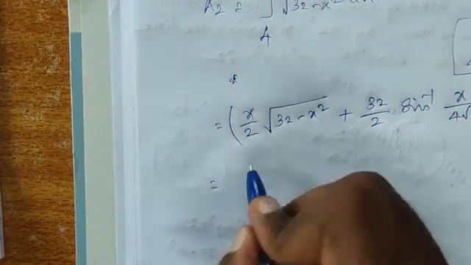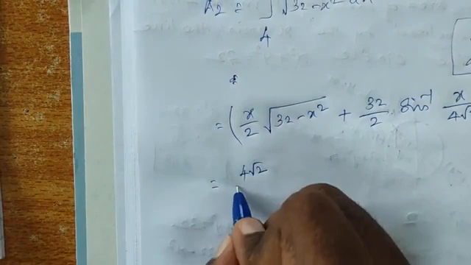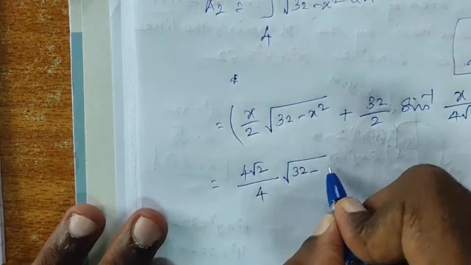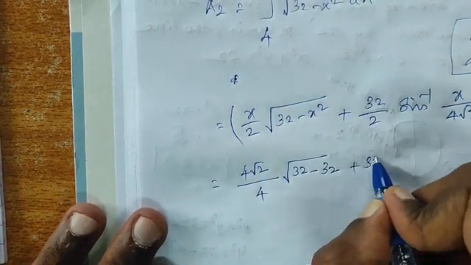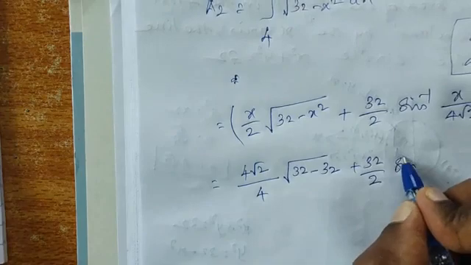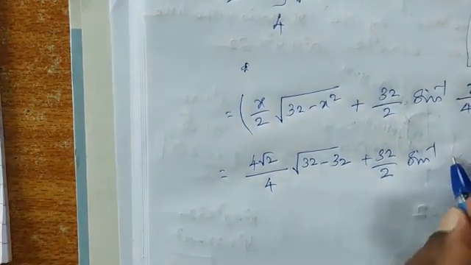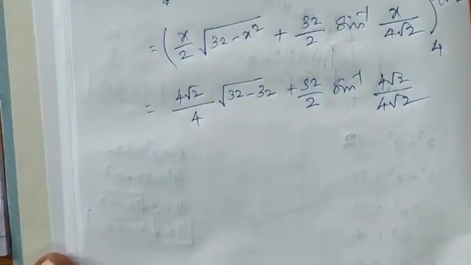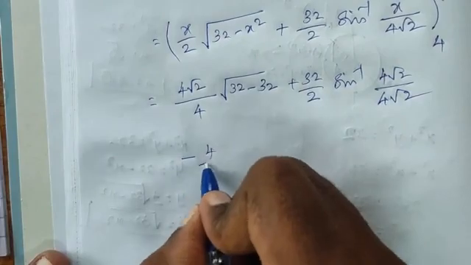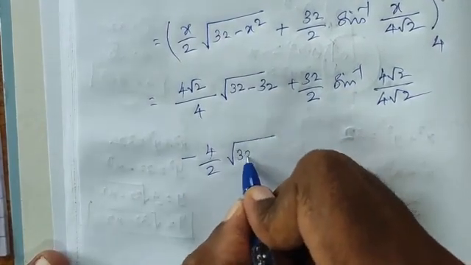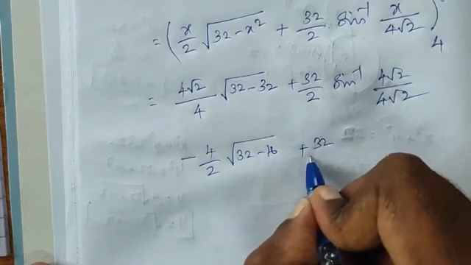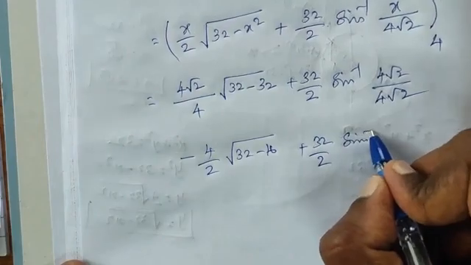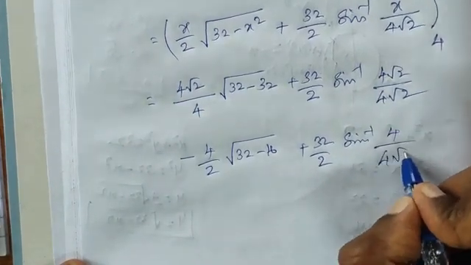First, instead of x we apply 4 root 2: 4 root 2 by 2 into root of 32 minus (4 root 2) the whole square, which is 32, plus 32 by 2 sine inverse of 4 root 2 by 4 root 2. Apply the lower limit. We get minus 4 by 2 into root of 32 minus 16, plus 32 by 2 into sine inverse of 4 by 4 root 2.